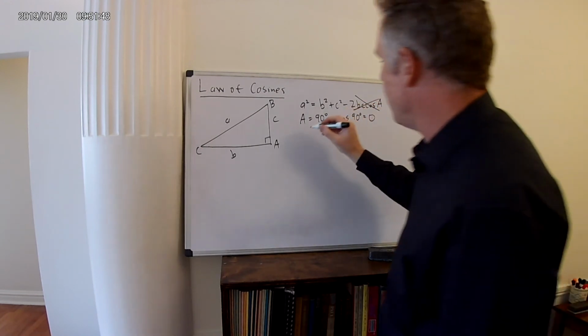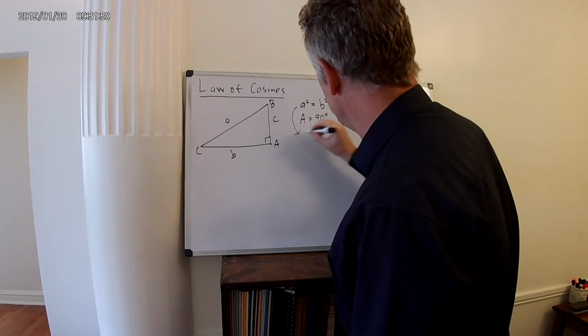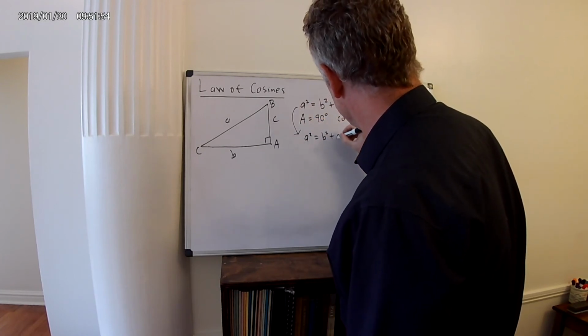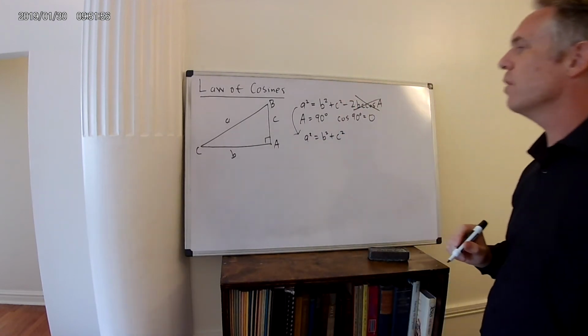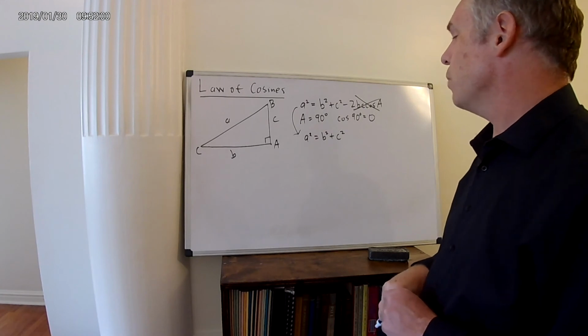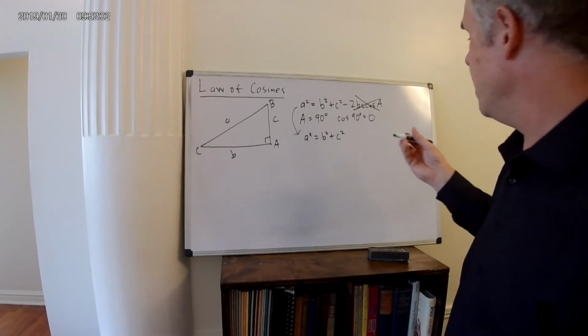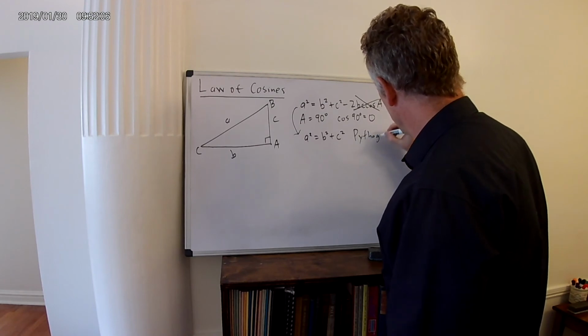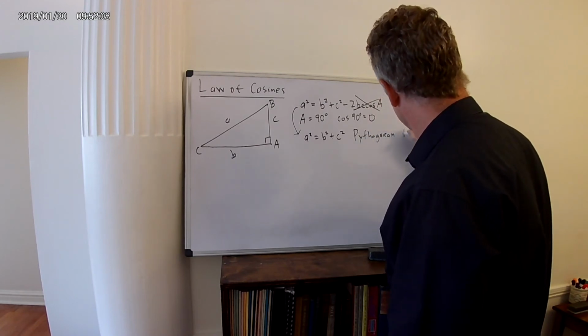And so this equation reduces to A squared equals B squared plus C squared. If we apply the law of cosines to a right triangle, we simply get A squared equals B squared plus C squared. Well, what is this? This is actually the Pythagorean theorem, which we learned about earlier.